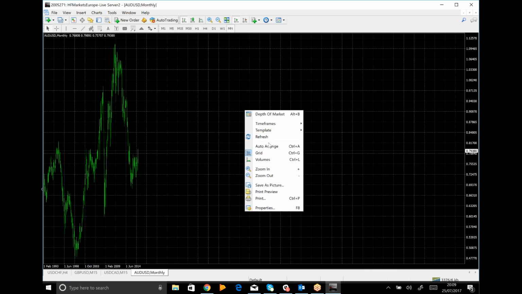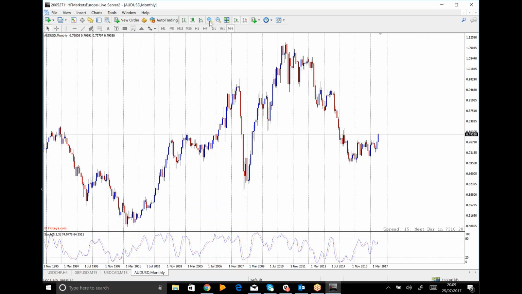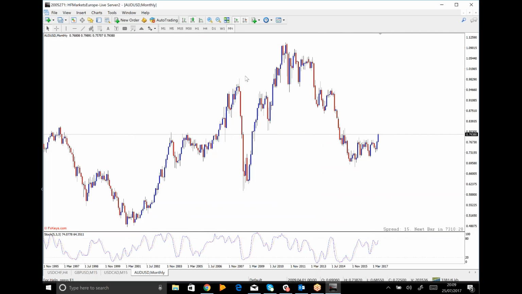AUD USD. Yeah, this should be coming down. After a while, you can take one good look at the market and sort of figure out what it wants to do. But we've broken all of this.